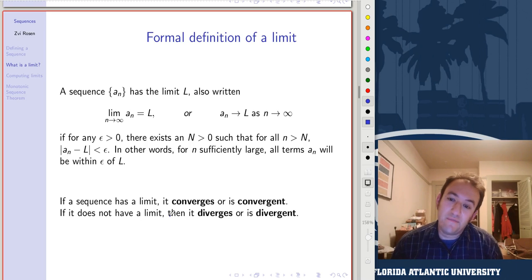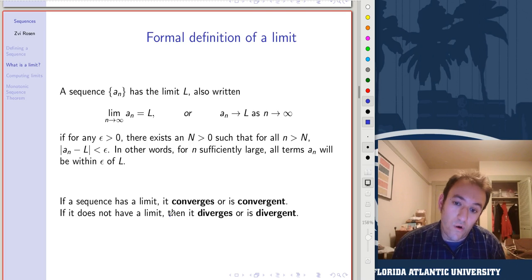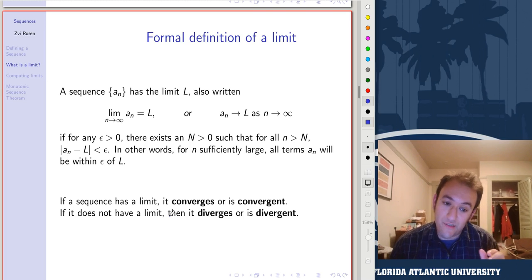A sequence a sub n has the limit L, and this idea is also written as the limit as n goes to infinity of a sub n equals L, or a sub n approaches L as n approaches infinity, if for any epsilon greater than 0, you can think of that as a small number, there exists a capital N greater than 0, such that for all little n greater than capital N, the absolute value of a sub n minus L is less than epsilon.